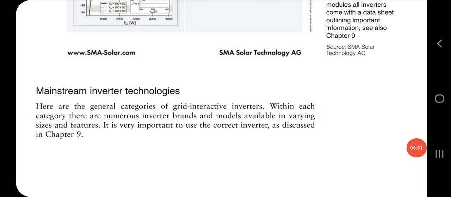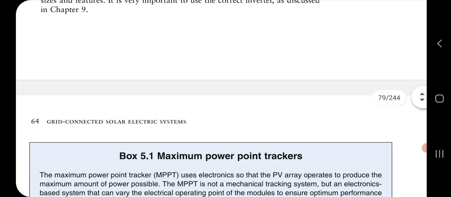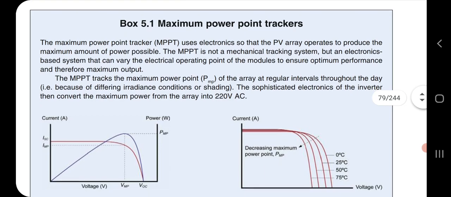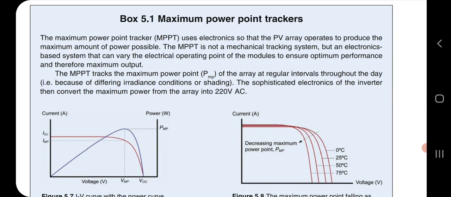Now let us move to string inverter technology, where inverters or strings are connected to form a combination of inverters, and there are many ways. For example, first, maximum power point tracking. This is very important.